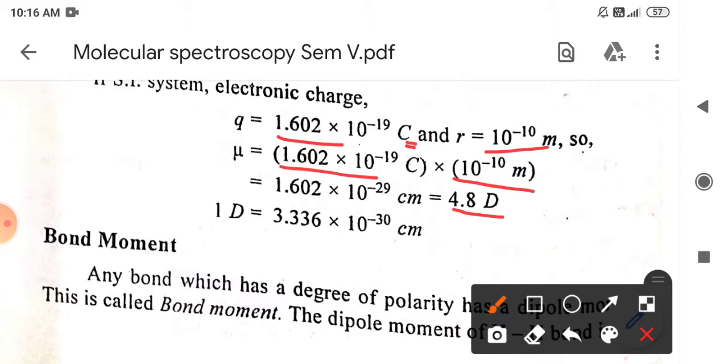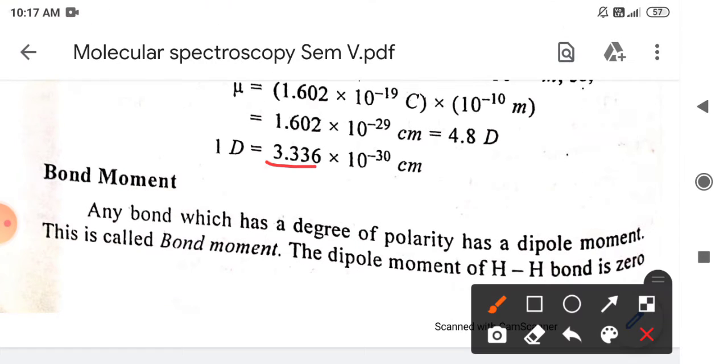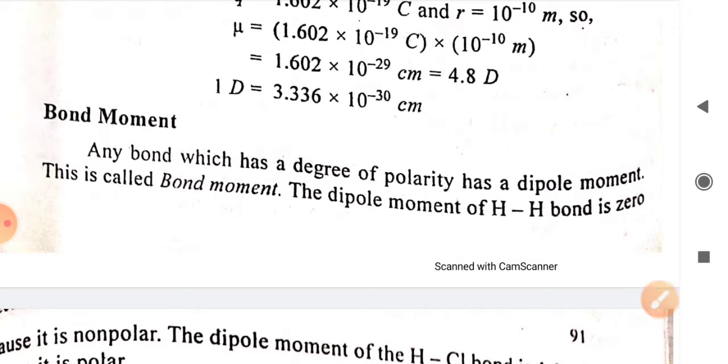Finally we get 1.6 into 10 raised to minus 29 coulomb meter, with capital C, not small c. Now this is equal to 4.8 Debye. If we equate these, we get another relation: 1 Debye is 3.336 into 10 raised to minus 30 coulomb meter. So this is the unit for the dipole moment.